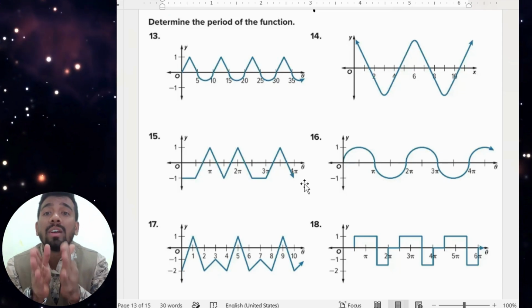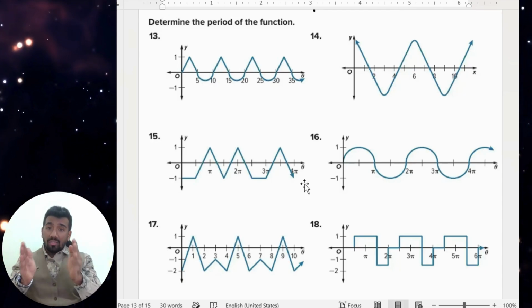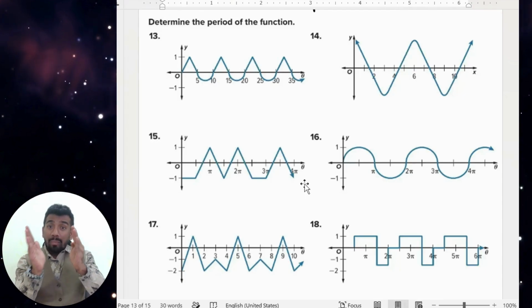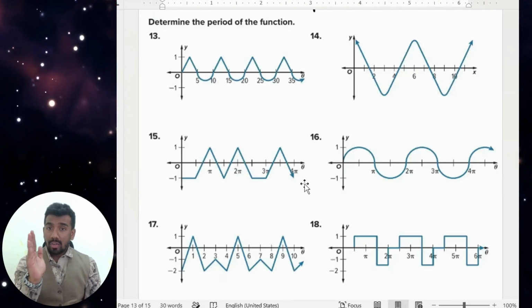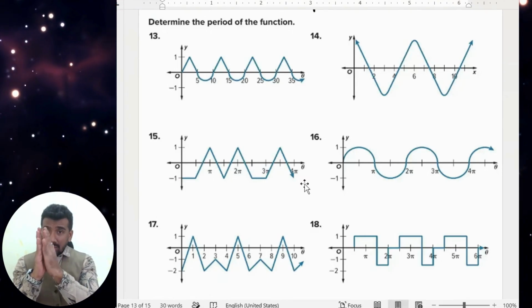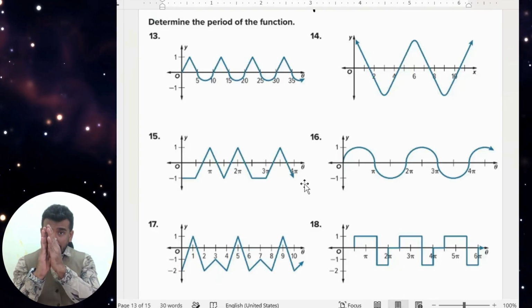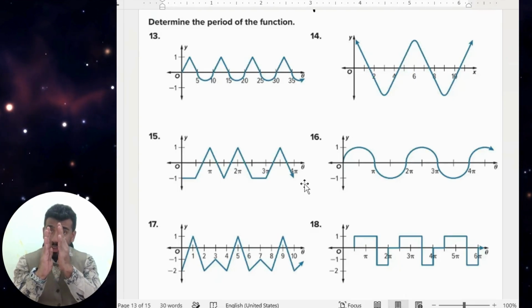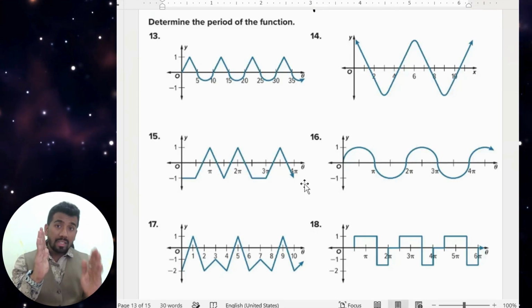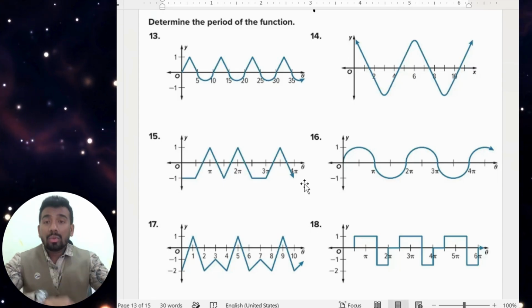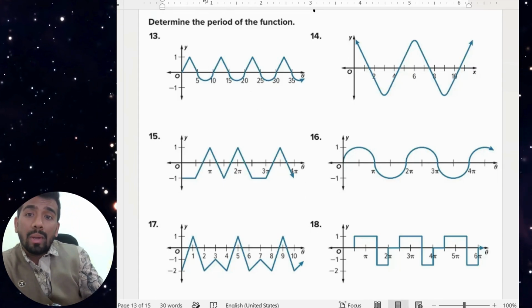Same thing in a function. When the whole graph repeats itself, that's the period. We start from 0 and see how the graph is going, and when it repeats the same way again, that point determines its period. Look at the questions, and I will explain more deeply.